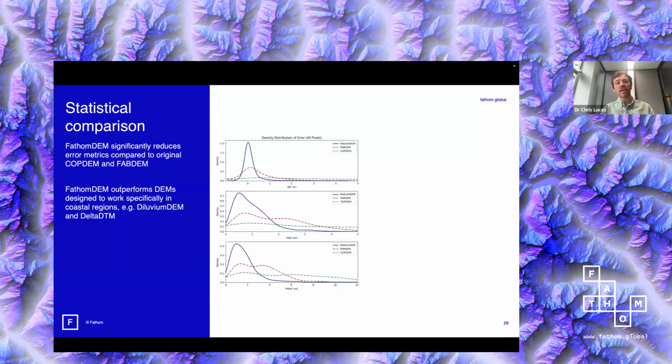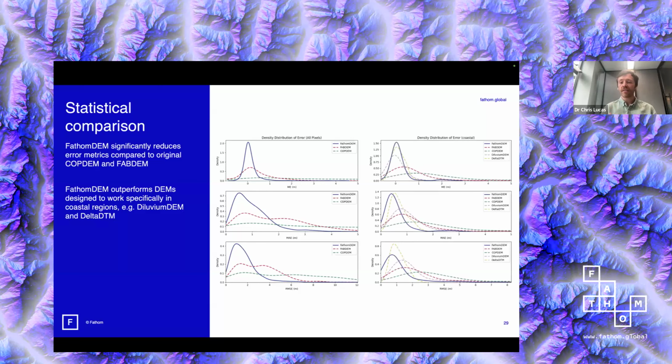And this is in contrast to other DEMs, for example, Diluvian DEM and Delta DTM, which were designed specifically for coastal regions. Our approach, when we compare it to these DEMs, actually improves performance in these coastal regions. So again, we've created one generic model which should work for everywhere, and actually it's outperforming targeted specific coastal DEMs in those coastal regions, which we were very, very pleased with.